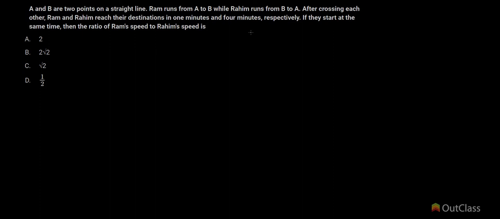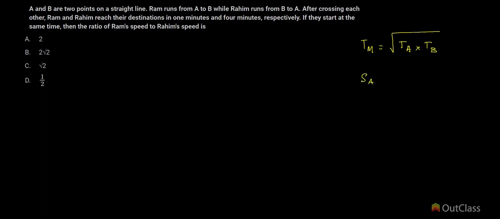pattern of question has been around long enough that we have derived results for it. Basically, time taken to meet is the geometric mean of the time taken by A after meeting and the time taken by B after meeting, if A and B are the people. That's one formula.